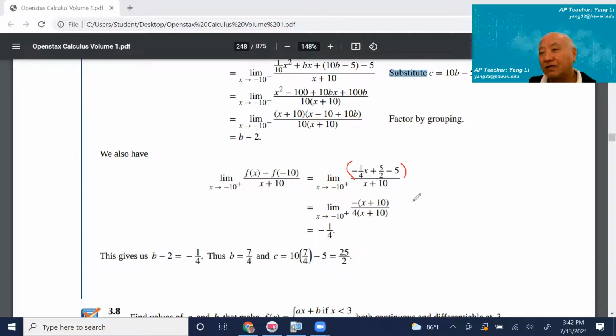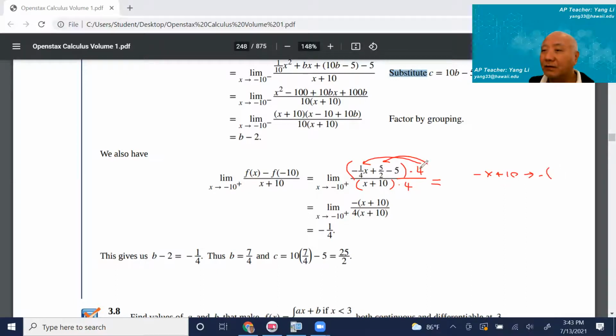We try to multiply by the least common multiple or least common denominator of the 4 and the 2. I multiply by 4 here. I multiply by 4 here like this. So when you got this one times this one, you will get -x, right? This one times this one, you're gonna have plus 10 like this.